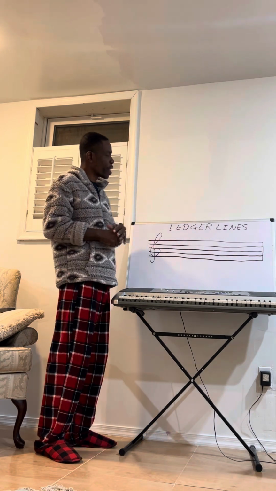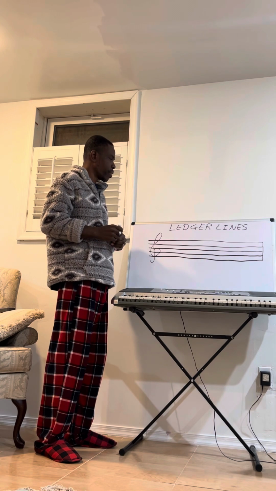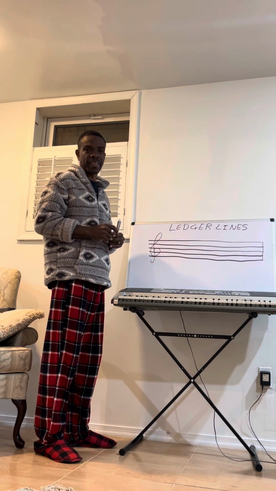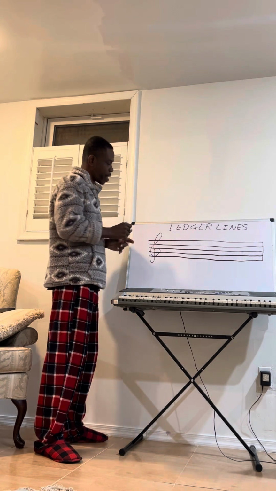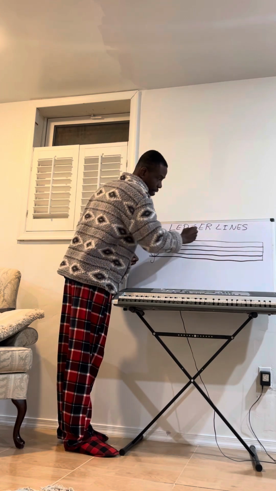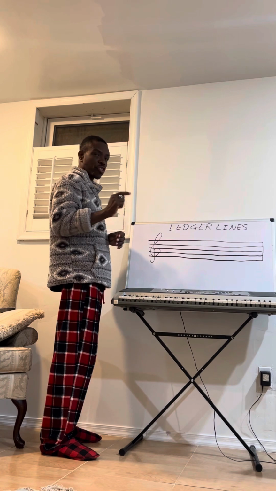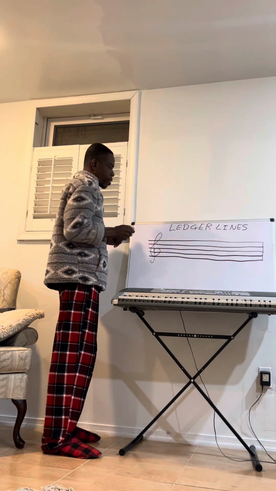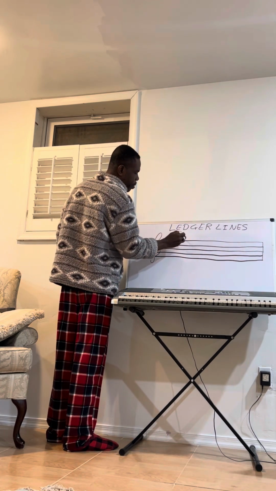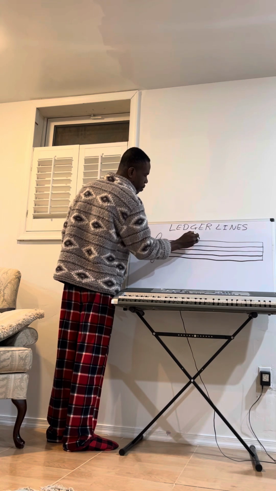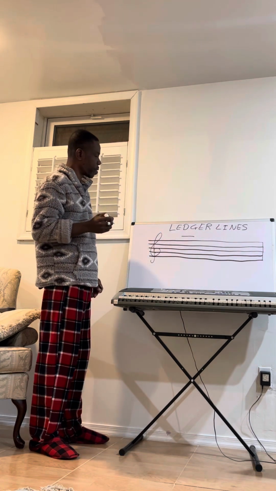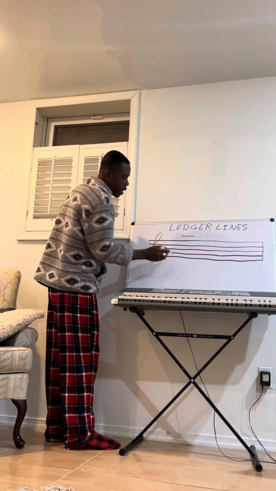So we have 5 lines, but we still use those lines, all right? Not in the sense of a whole long staff line, but we use shorter lines. For instance, that's a ledger line, right?